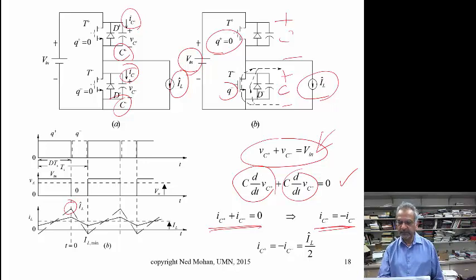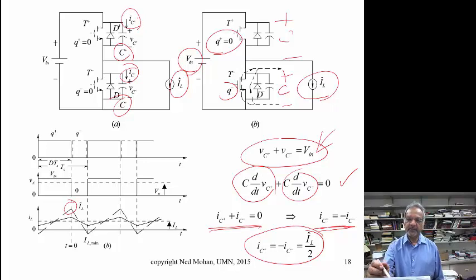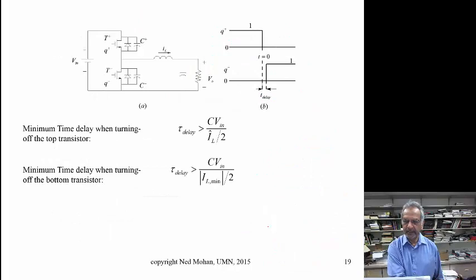And so these two equations together tell us that the output current IL hat splits equally between these two capacitors. It's going to be charging the top capacitor, and it will be discharging the bottom capacitor here.